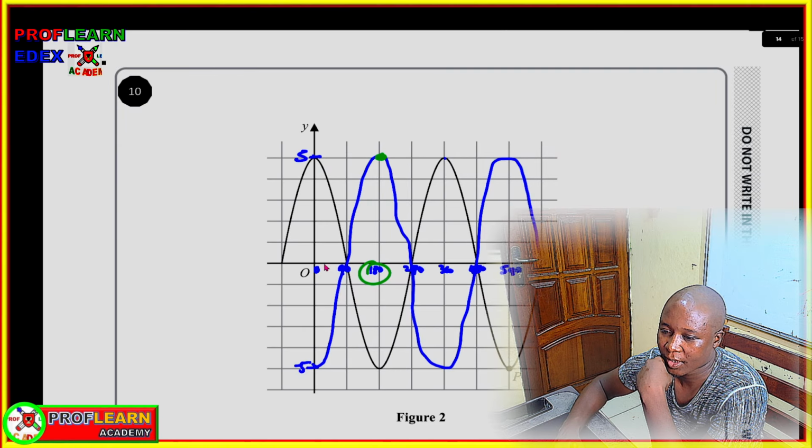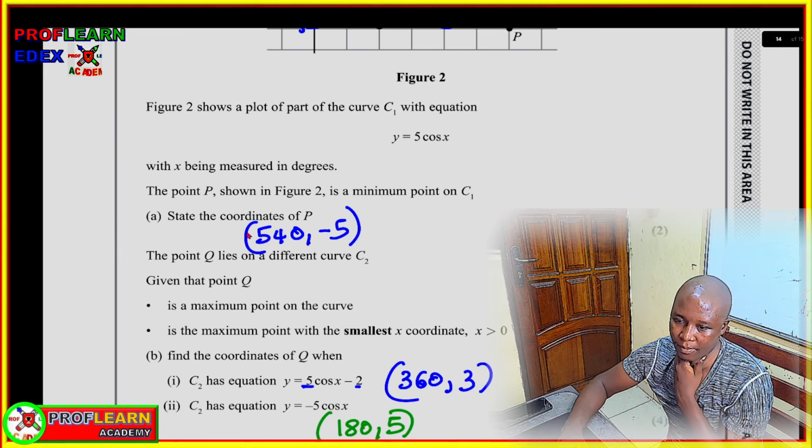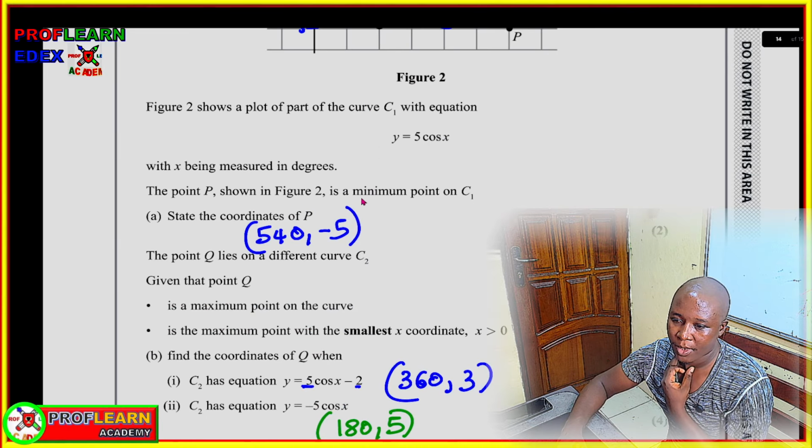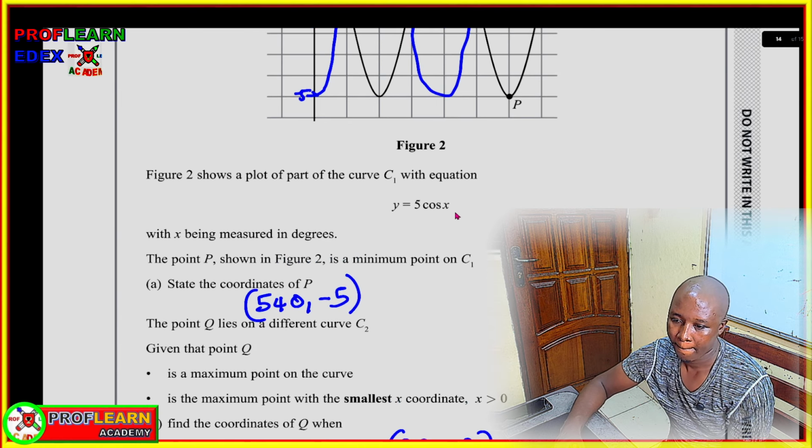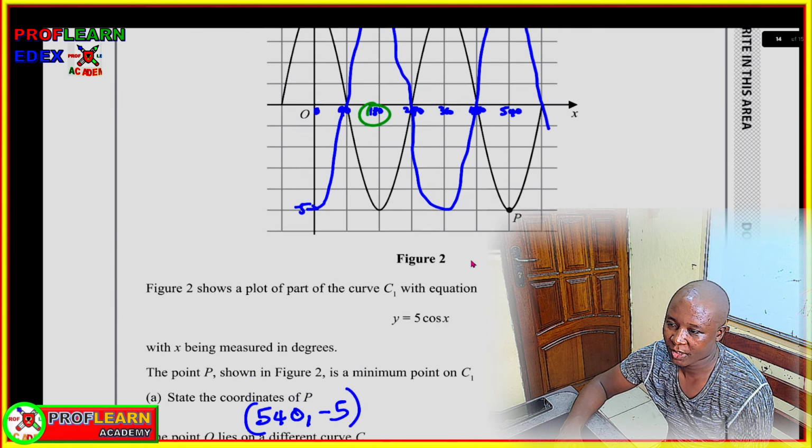Meaning that if it goes like that, 360 is here. I just included the values for that. But we are told that P is the minimum point on C1.